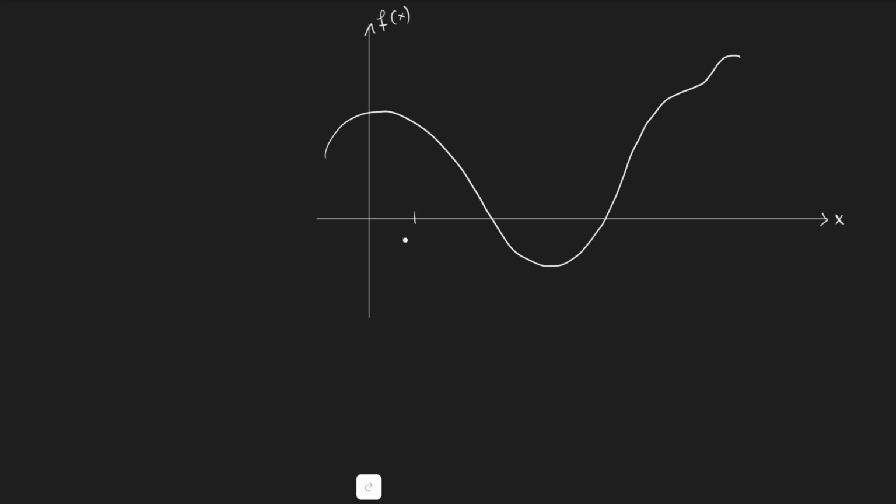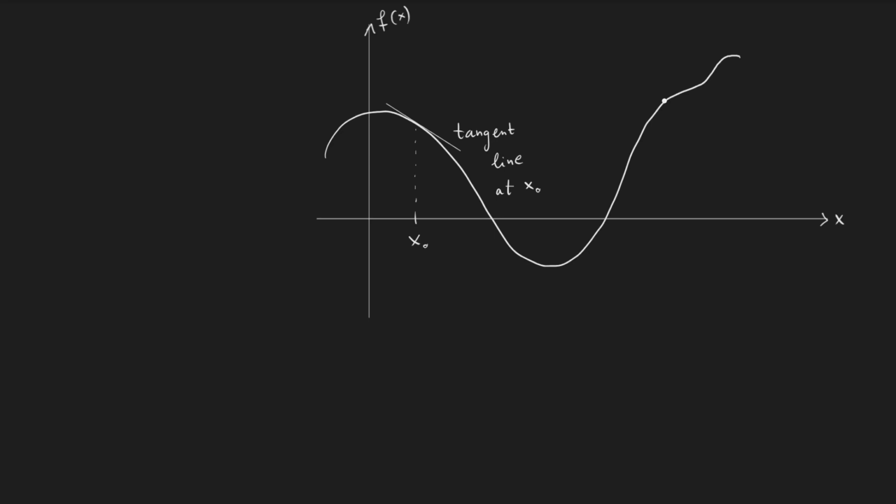So for example, if we have an x0 point here, where we want to calculate the slope of the function, then we would have to draw there the tangent line, something like this. So this will be the tangent line at input x0, and its slope will be the function's slope at x0.